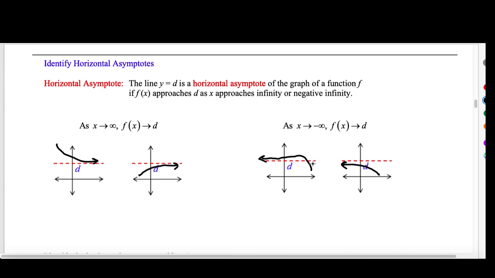It will never cross or intersect a vertical, but it can cross a horizontal. In a later example, we will look at how to identify the coordinates of the point where it may potentially cross a horizontal asymptote. But before we do that, let's look at a few examples where we want to identify the horizontal asymptotes.